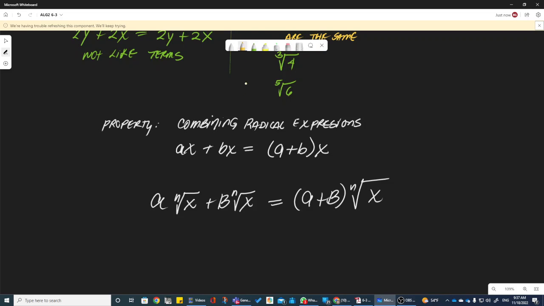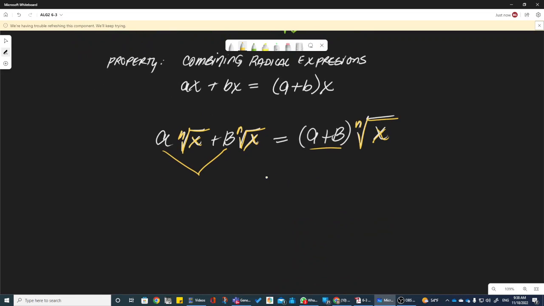Okay, so as long as these two are the same, then you can combine the coefficients. Okay, and the same applies to minus. Watch.